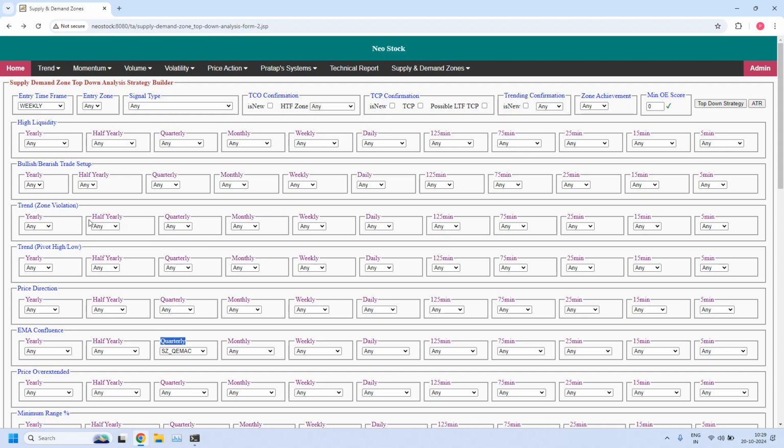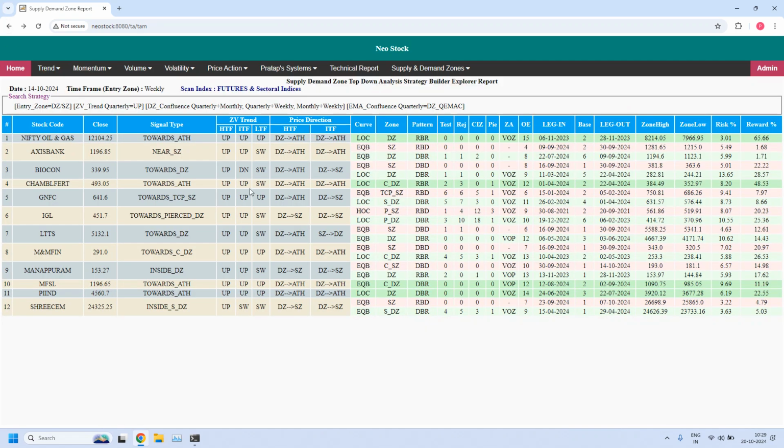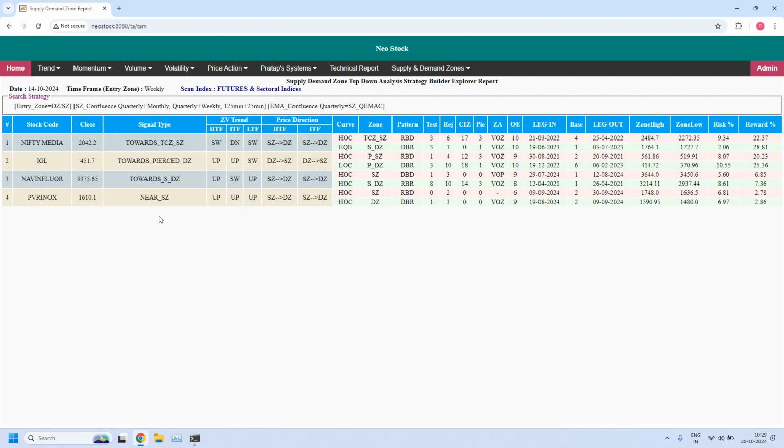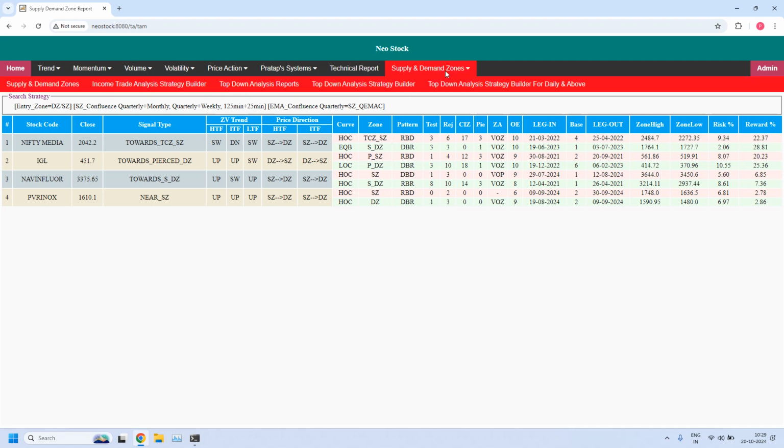The quarterly trend is uptrend here. In a downtrend scenario they are valid, but none of these stocks are good for the supply with EMA confluence, because they are in uptrend. Downtrend may be a good choice, but anyway, these supply zones are having EMA confluence.